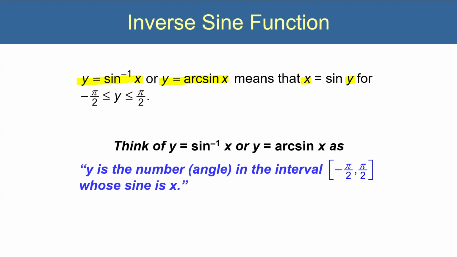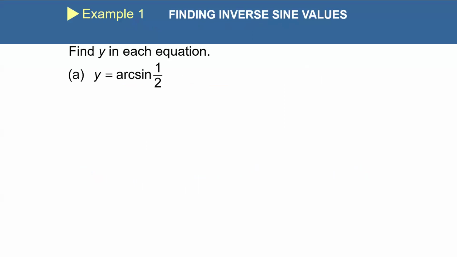All right, so starting off here, we have y equals arc sine 1/2. So we're asking ourselves, for what theta do I get 1/2? Sine theta equals 1/2. So you're thinking, sine of what theta equals 1/2? That's what you're asking yourself.